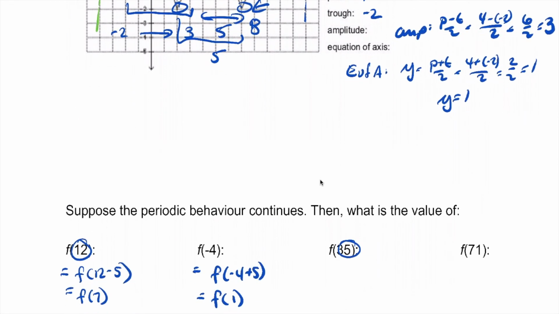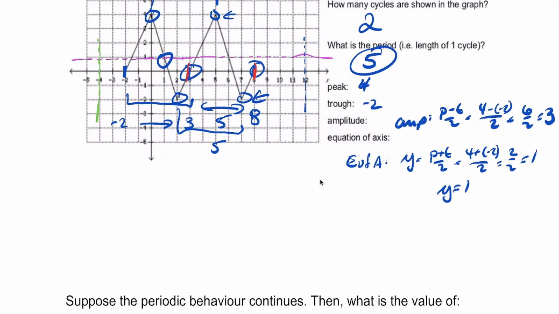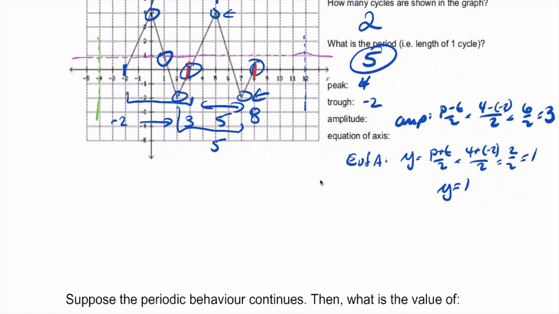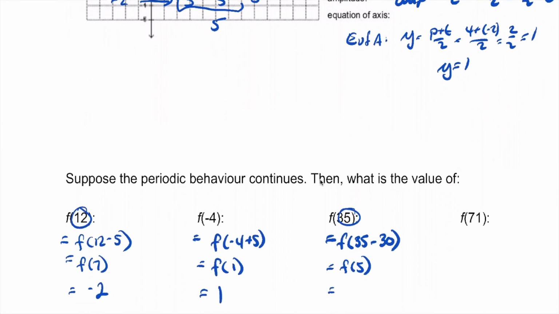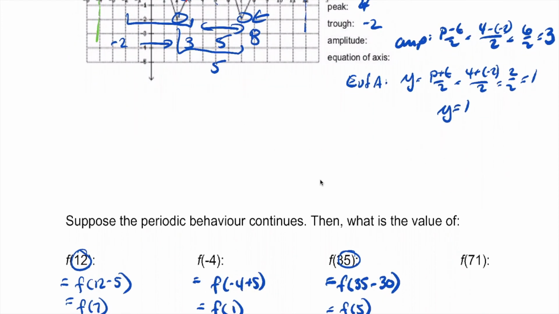So in this case, we can say that this is the same thing of f of 35. In this case, I'm going to go really extreme, and I know that 30 is a multiple of 5. So we're saying that f of 35 is the same thing of f of 5. So now if we look at our graph, f of 5 happens to fall on our peak, so that we know that f of 5 in this case is 4.